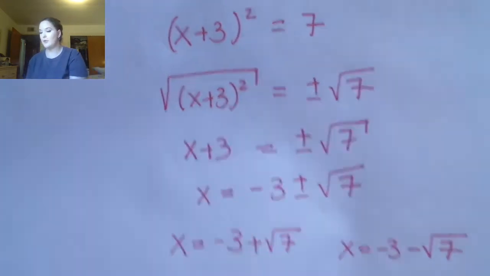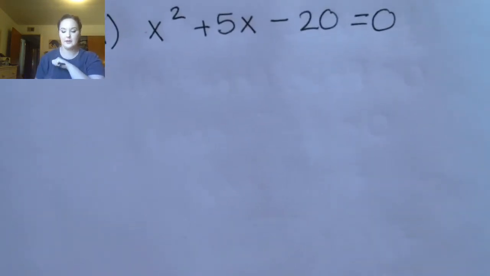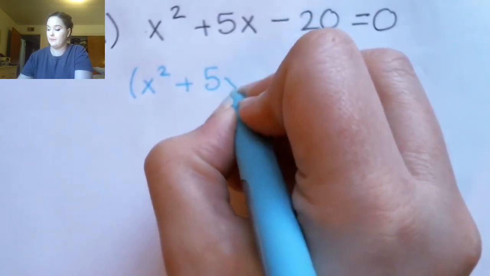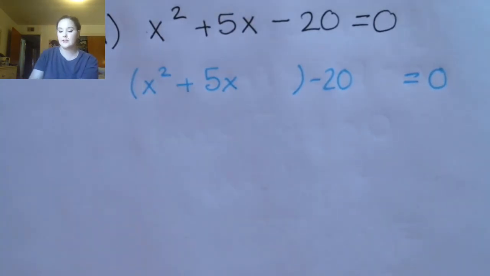Let's do one more example like this, and then we'll move on to a different type of example. So we're going to start the same way. We're going to group our terms, and then we're going to decide what number we need to add.